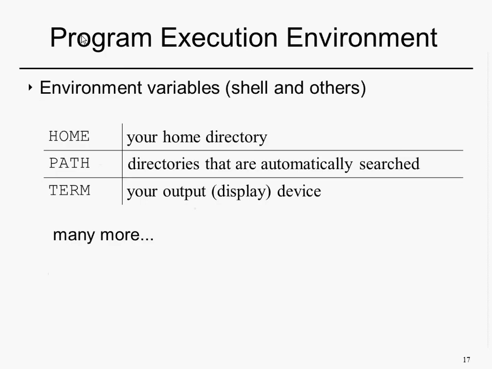One is environment variables, which can be used and modified by many, many different things running on the same computer at the same time. Many shells, for example, or many other programs running on that computer, versus a shell variable or a local variable. So I'll call it a local variable.